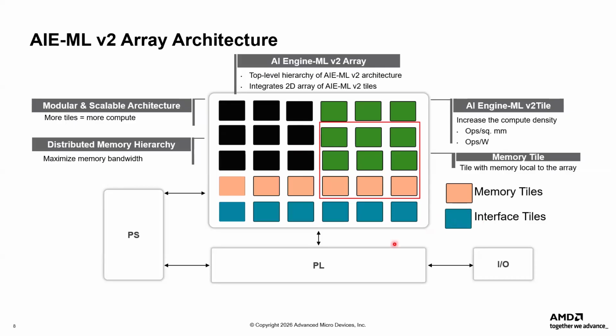One allows you to connect directly from the AI engine to the programmable logic, and the other set of capabilities allows you to connect to the NOC. And the NOC is, of course, your highway for any AXI master talking to any AXI slave, and that AXI slave might be a DDR memory controller. So that means that I can read data into and write data from the AI engine array directly to memory using the NOC.